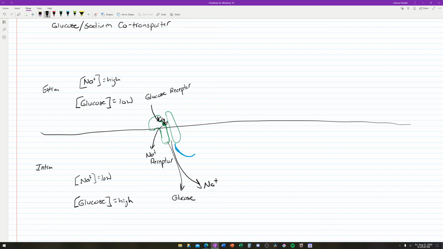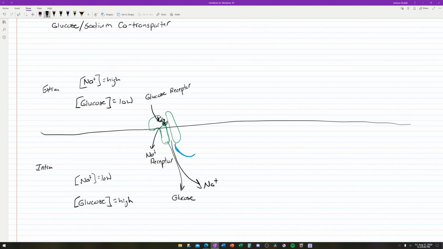So that's secondary transport: it uses the energy, usually from diffusion, to power the movement against concentration gradients.